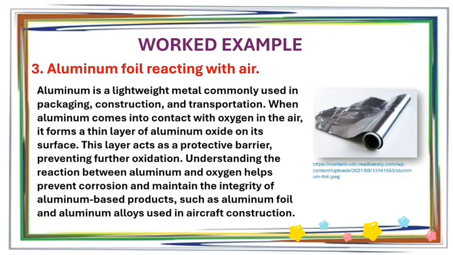This layer acts as a protective barrier, preventing further oxidation. Understanding the reaction between aluminum and oxygen helps prevent corrosion and maintain the integrity of aluminum-based products such as aluminum foil and aluminum alloys used in aircraft construction.